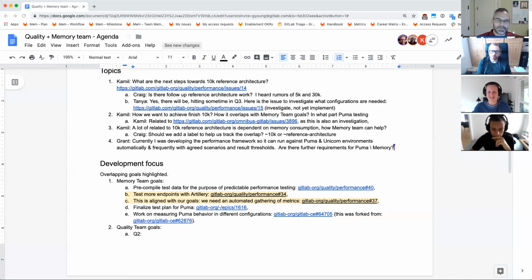So further expanding on 1B there, there will be some more work in Q3. It could include follow-up work for the 10K reference architecture that could have a cascading effect, blocking the other reference architectures until we fix those bottlenecks in 10K.